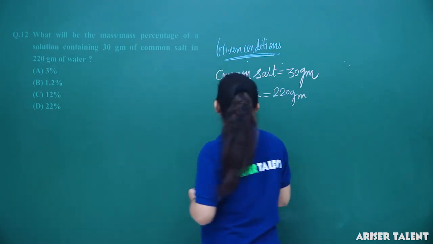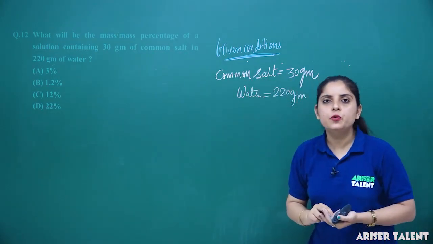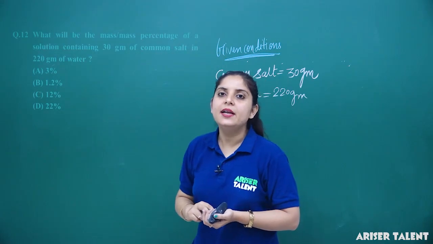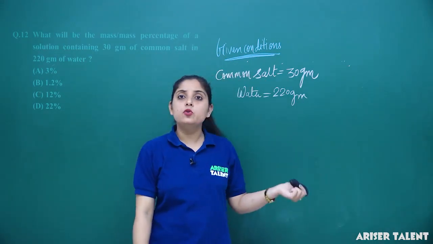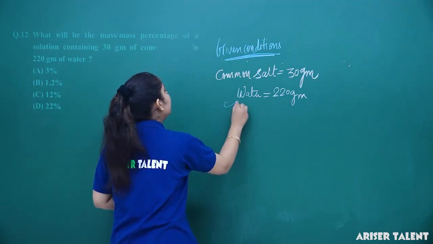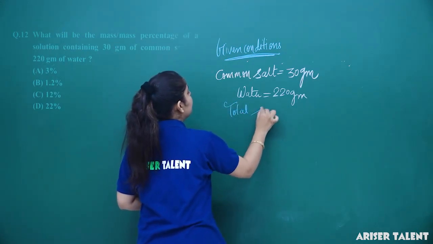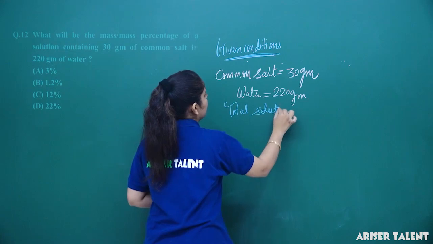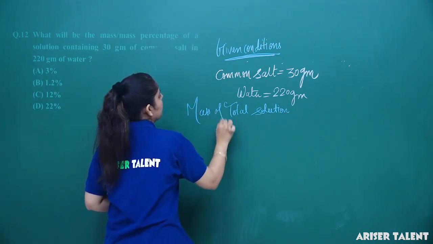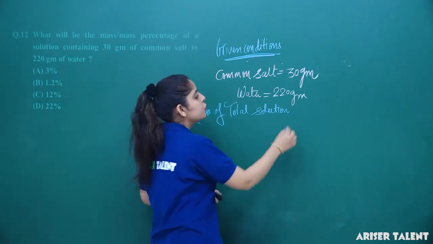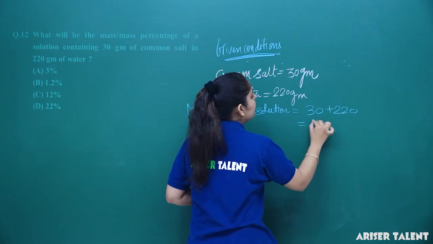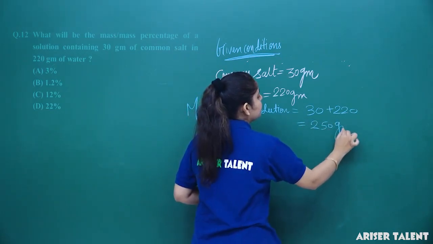So, if salt is 30 gram and water is 220 gram, the total quantity of the solution can be 30 plus 220 because salt is going to dissolve in the water. So, the mass of total solution will be 30 plus 220 and it will give you 250 gram.